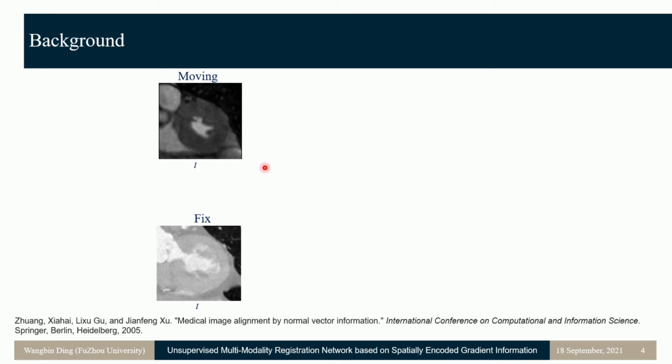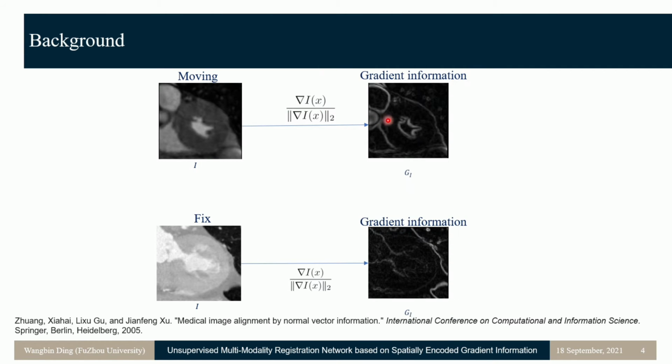In this work, we aim to perform multi-modality medical image registration such as CT and MRI images. So it is critical to define a similarity metric between the multi-modality images. A common way is to use the gradient information, because the image structures can be described by the intensity changes.